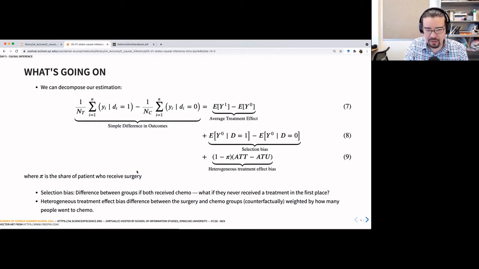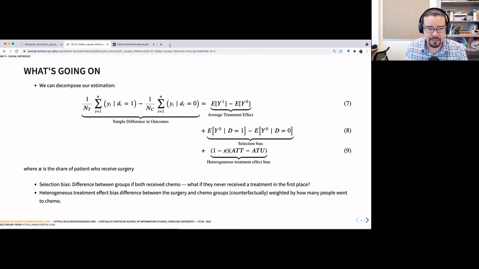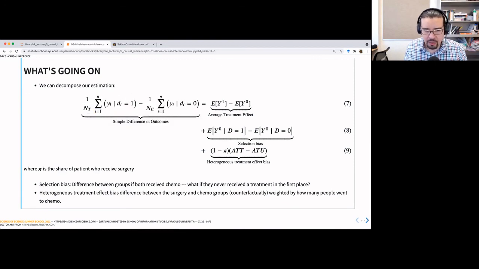And here's where all the methods stem from. What's going on is that the data we observe, the average outcome of the people that got the treatment minus the average outcome of the people that didn't, is mathematically equal, given the assumptions that we made, to the average treatment effect, which is what we want.